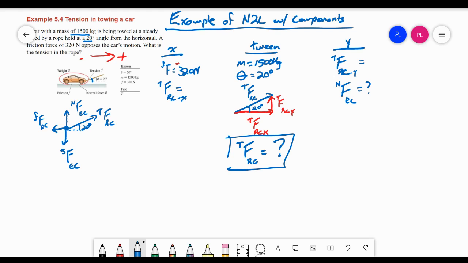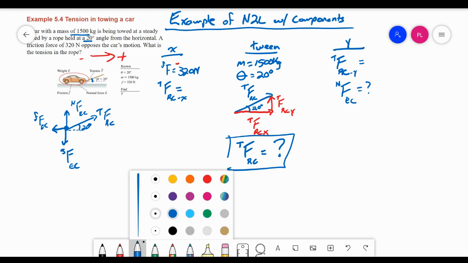So right now, what do I know more about? Do I know more about the x direction stuff or the y direction stuff? Well, I know at the very least that this frictional force is 320 to the left. So I'm going to use the x direction stuff to work this problem.